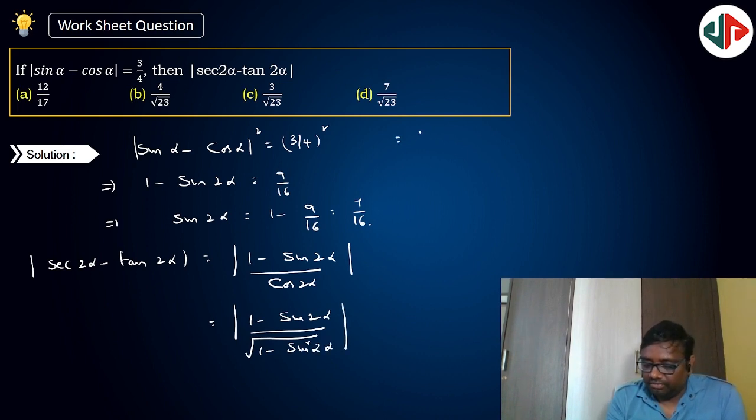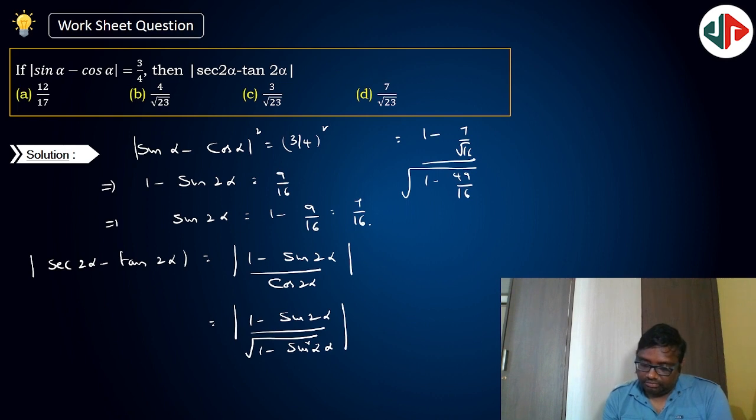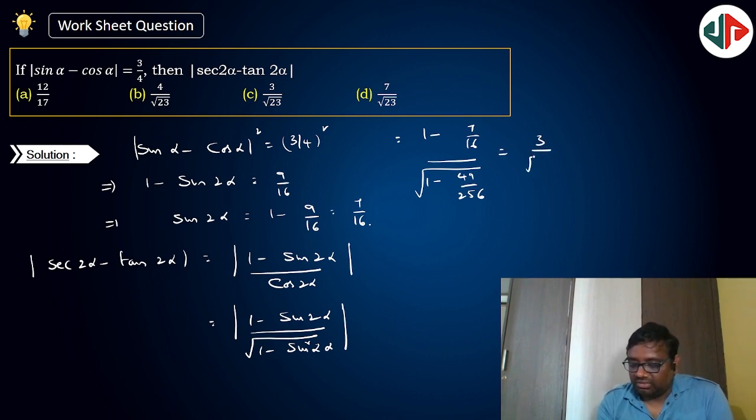So it is nothing but (1 minus 7/16) by the square root of 1 minus (7/16) whole square, that is 7 by 16 only, so (9/16) by the square root of 1 minus 49 by 256. You simplify this value, we'll get 3 by square root of 23.